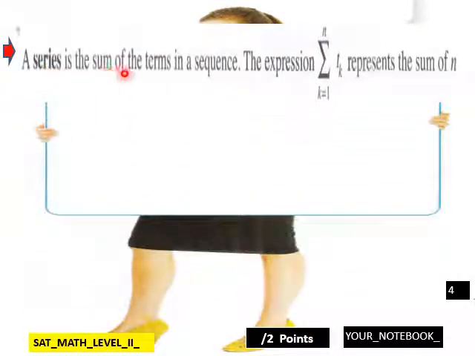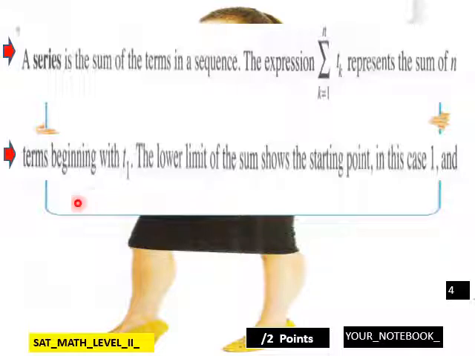A series is the sum of the terms in a sequence. So a series is a sum. It's not the sequence. A sequence just lays out the numbers from its formula. The expression of summation from i equals 1 to n of t sub k represents the sum of n terms beginning with term 1.